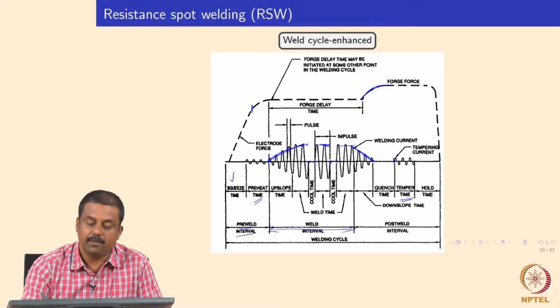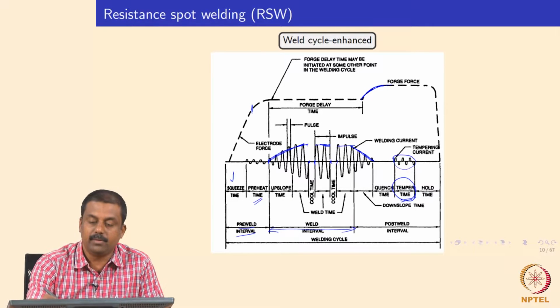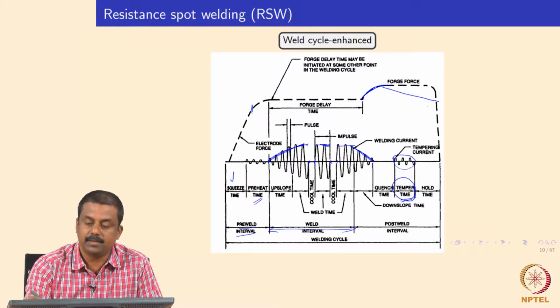For example, if you have a fully martensitic microstructure, we can use a temper time, in which we pass some amperage to temper the martensitic structure formed upon welding. And you can also ramp downward, or ramp up during this process, if you want to change the stress state of your weld.